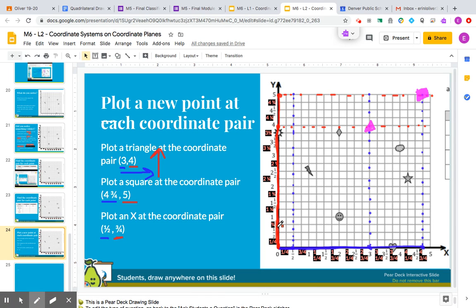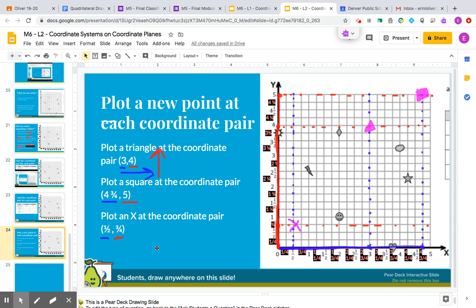Start with my origin, go up 3/4. Found it right here. And let's go over and extend it. And I see that 1/2 and 3/4 meet right here at this point. And I am going to put an x on that mark. So I can find x at 1/2 on the x-axis and 3/4 on my y-axis.